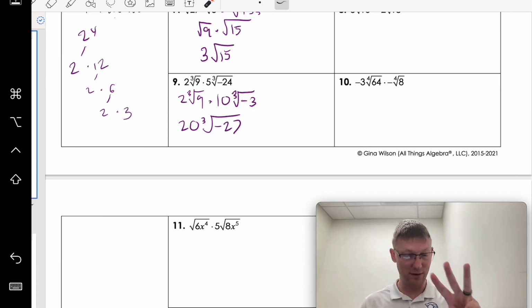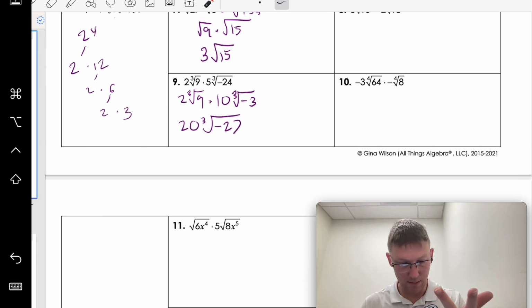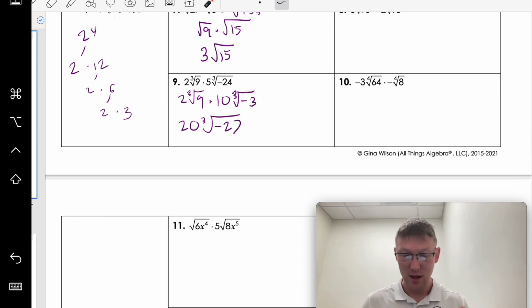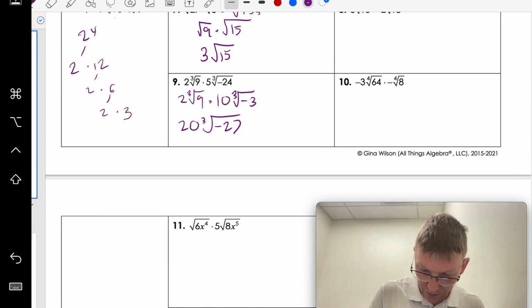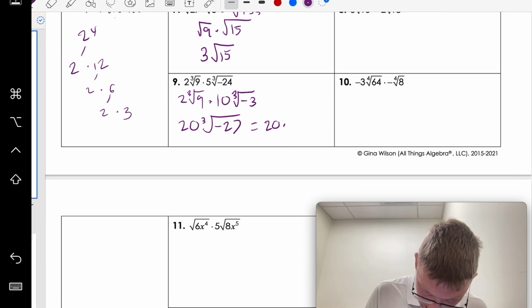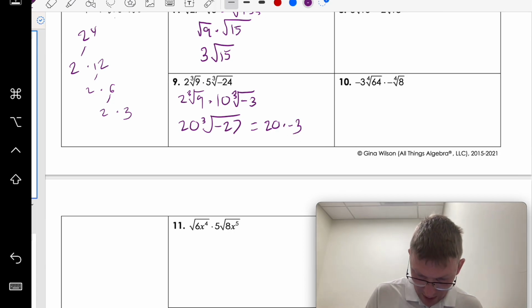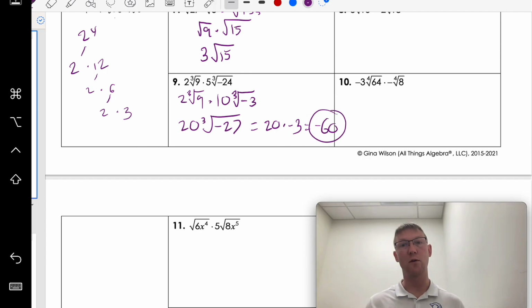That's 3 3's. Okay, so 27 is 3 times 3 times 3, which means that it is a perfect cube. So that 3 can come out. So our final answer is going to be 20 times a negative 3, which is negative 60. So final answer, negative 60.